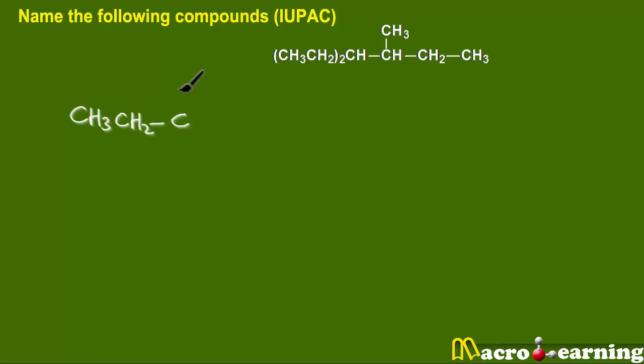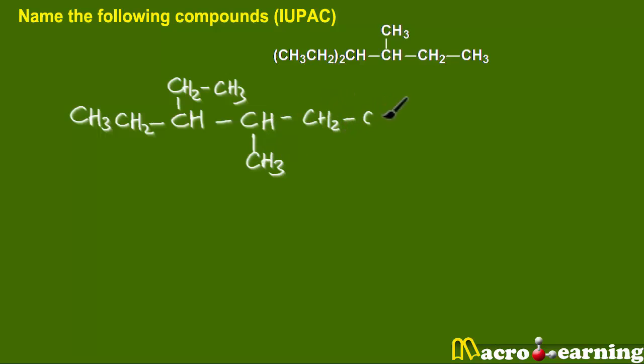That's one of the two groups on this CH group. And that's the other one. Okay, and then another CH with the methyl connected to it, and then CH2, CH3.